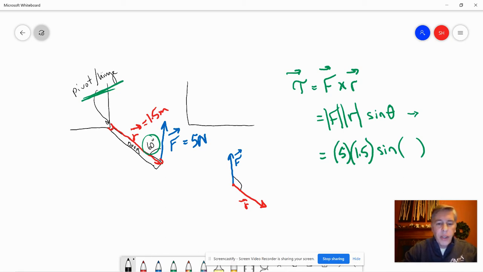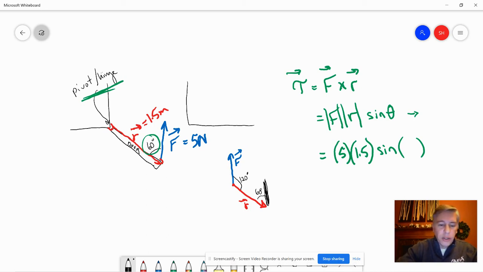But as we can see, this one was making a 60-degree angle here. So if my force was also pointed in that direction, then this angle is just going to be the supplement of it. They add up to 180, so this would just be 120 degrees.